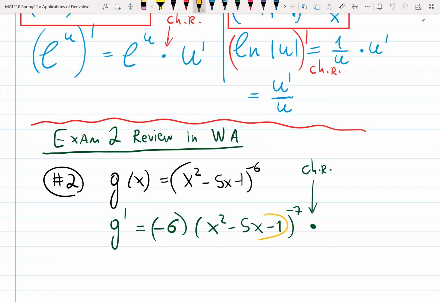Chain rule says, look inside. What do you see inside? I see a quadratic function inside. Multiply by the derivative of that function inside. And choose this from the multiple choice part, can you?